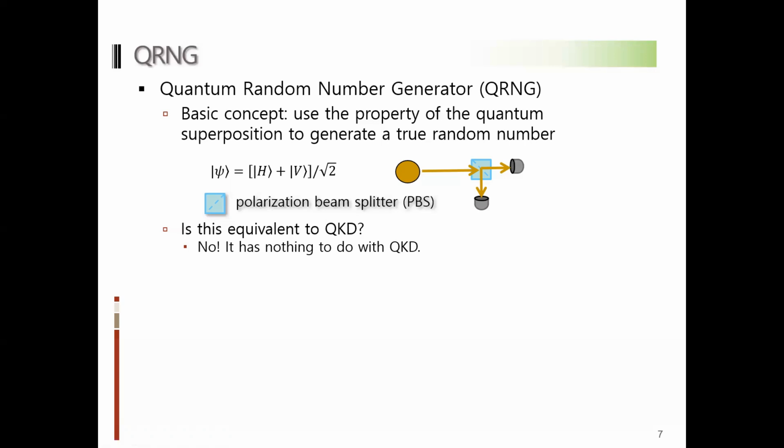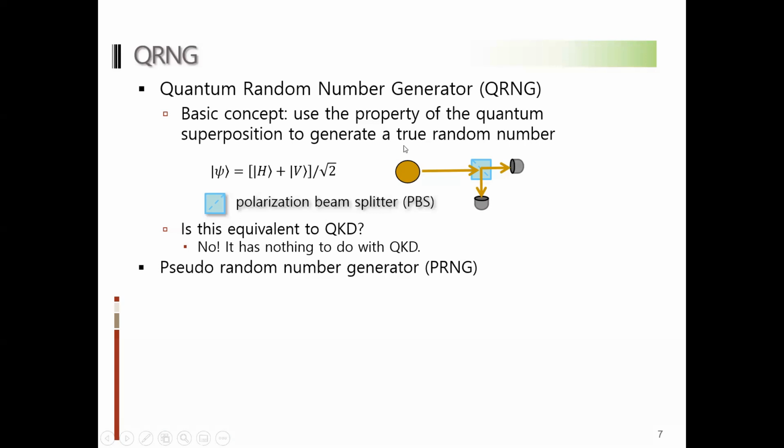In that case she needs a completely random number. Also, when Bob receives a single photon transmitted by Alice, he should decide which basis he will use, the HV basis or the diagonal basis. For such decisions, QRNG might be helpful, but other than that it is not QKD. Make sure that you don't get confused between the QRNG and the QKD.